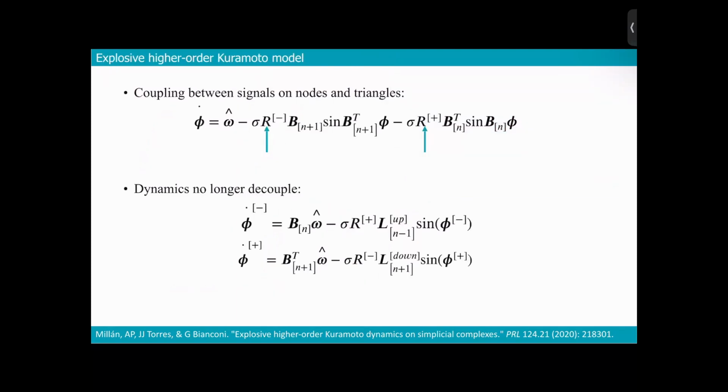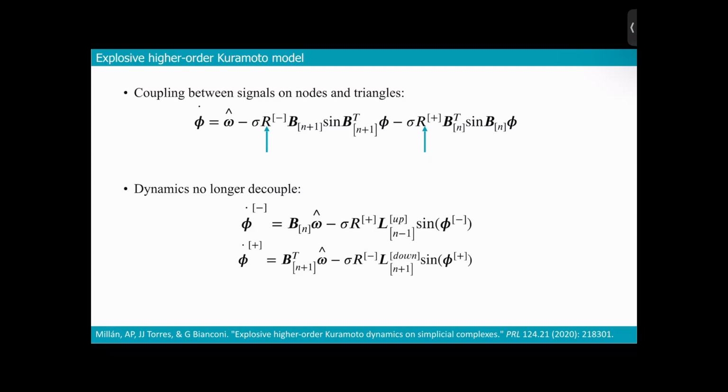Now one can think, well, if we have these two dynamics on the nodes and the triangles that, projected on the nodes and the triangles, seem to be decoupled, what happens if we couple them? For instance, by modifying the equation, and now we can modulate the interaction through the triangles by the synchronization at the node level, and vice versa. We modulate the interactions through the nodes based on what the triangles are doing.